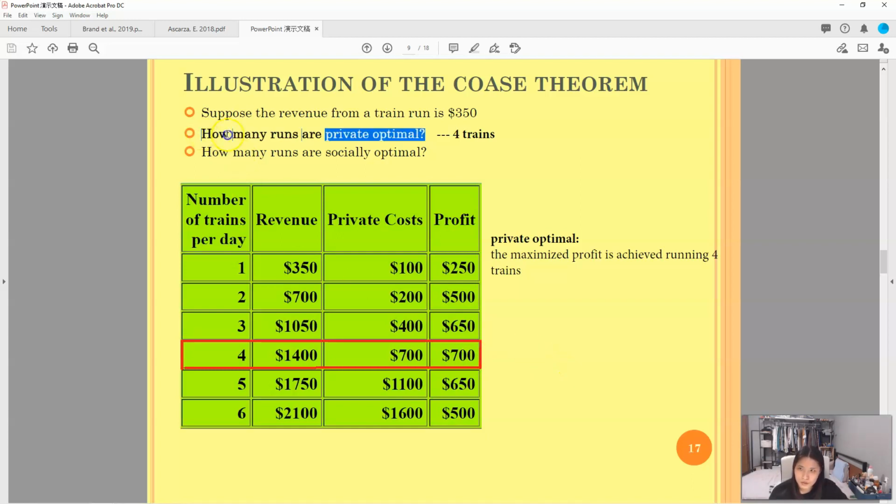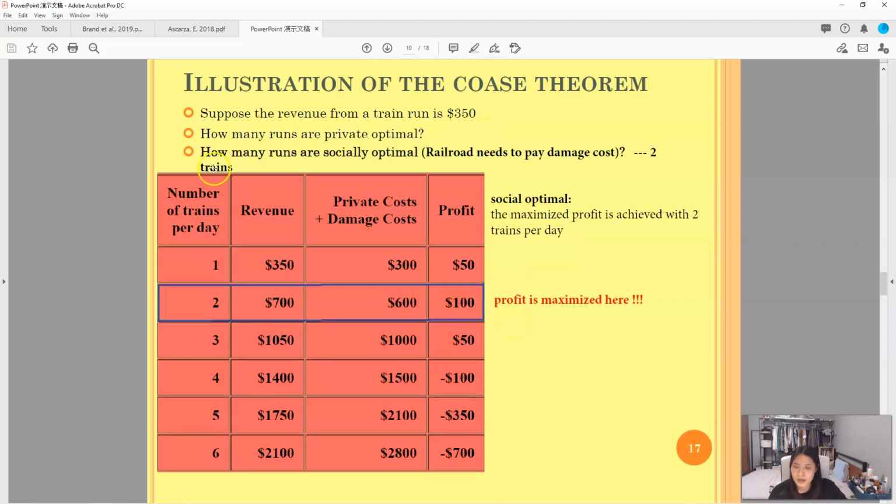So that's my first question. How many runs are private optimal? 4 trains. My second question is, how many runs are socially optimal? For example, if the farmers have the right of those lands, the railroad needs to pay the damage cost.